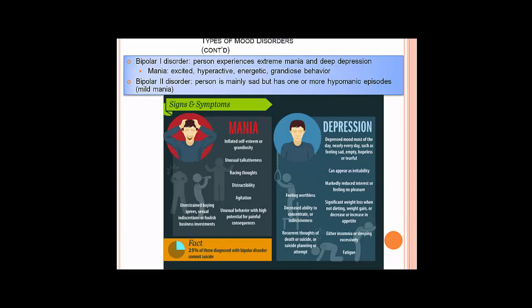So what are some types of mood disorders? Mania, that is a mood disorder, and that is where one sees inflated self-esteem and grandiosity and racing thoughts and agitation to the point where the person, after a while, is just one frantic ball of behavior.